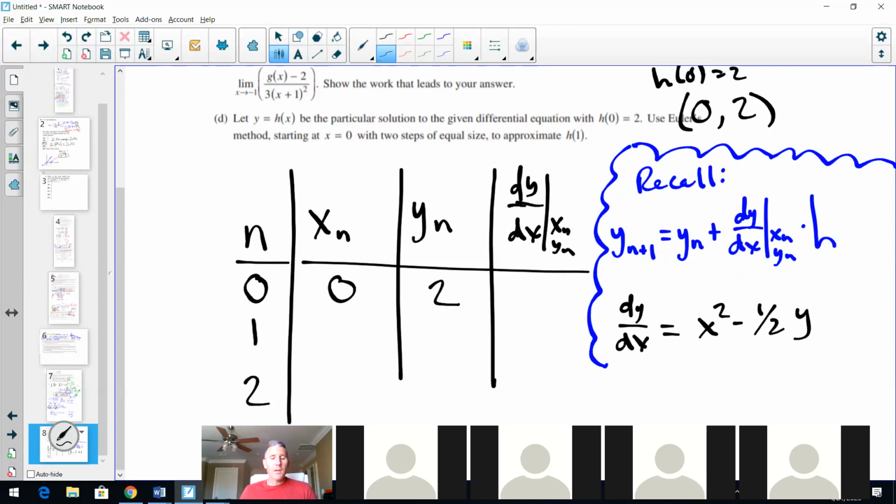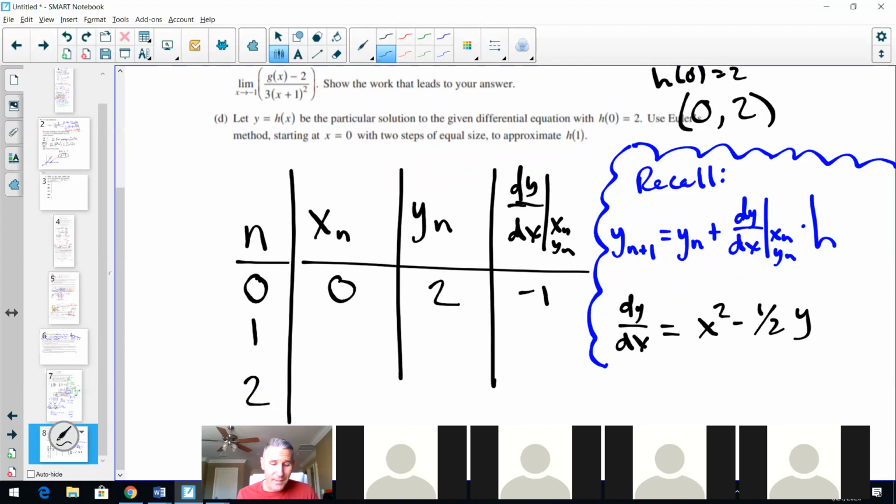And so when x is equal to 0 and y is equal to 2, what is my dy/dx equal to? Someone say. -1. Whoever spoke first, it sounded like you were auto-tuned. Anyway, all right, so that's -1.